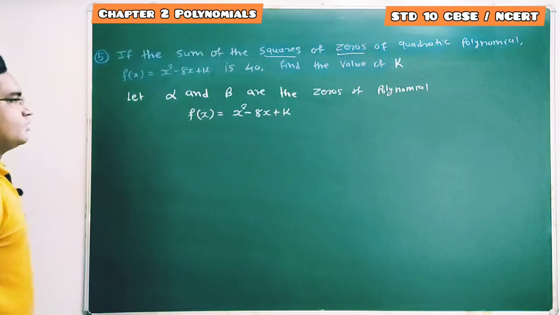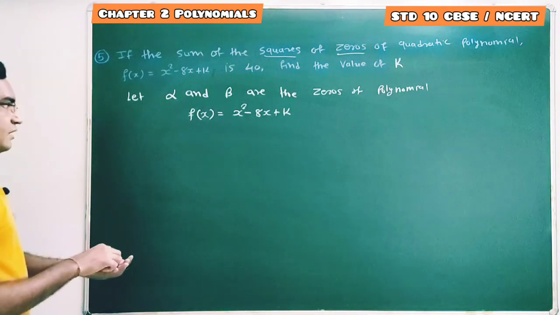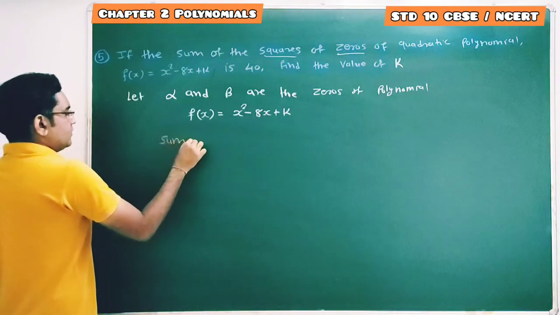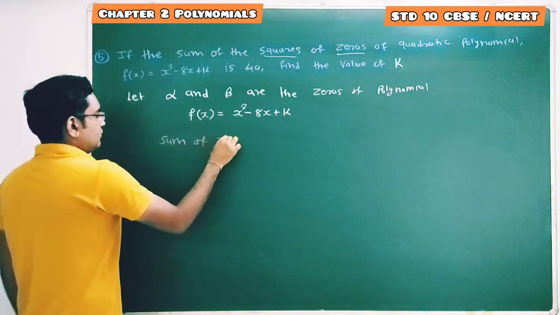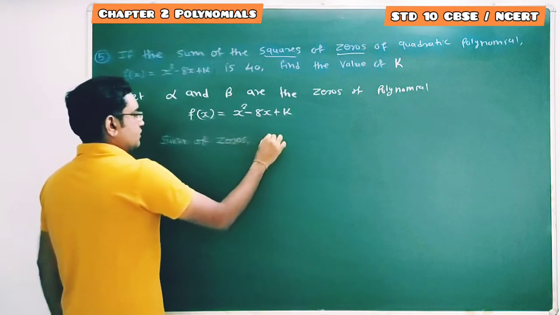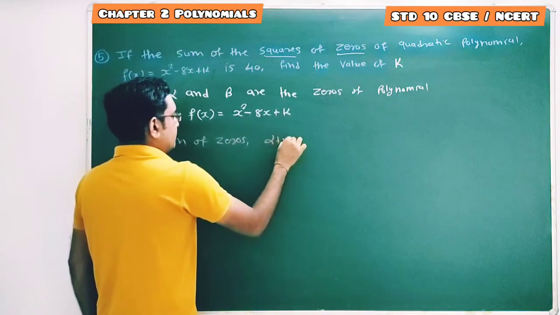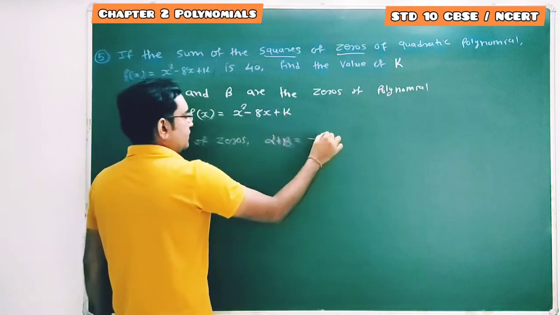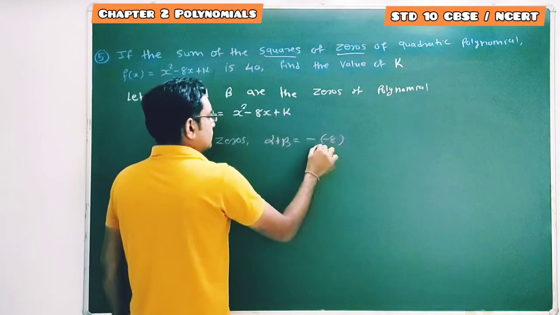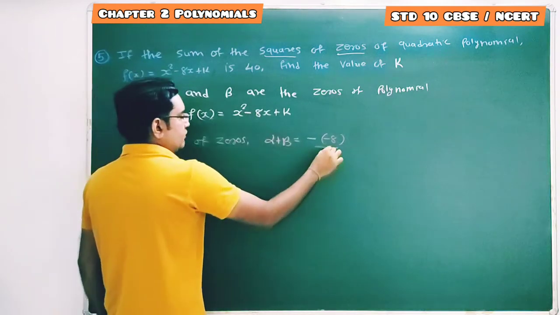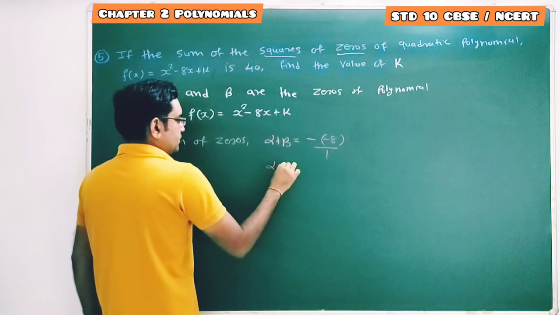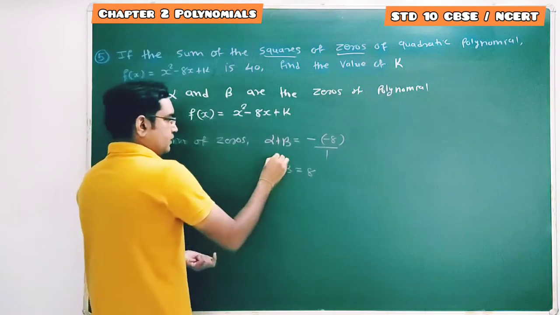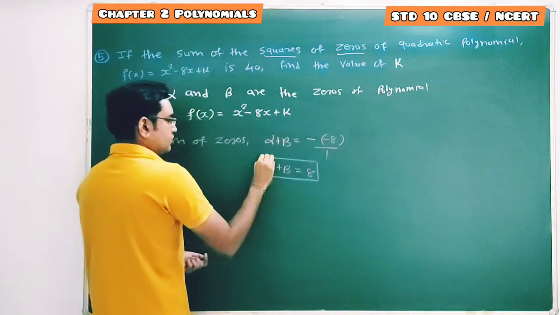Alpha and beta are the zeros of this quadratic polynomial. So we can write sum of zeros, alpha plus beta, equal to minus of coefficient of x upon coefficient of x square, which is 1. So here alpha plus beta is equal to 8.